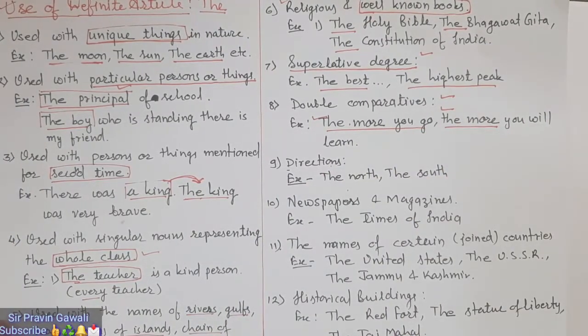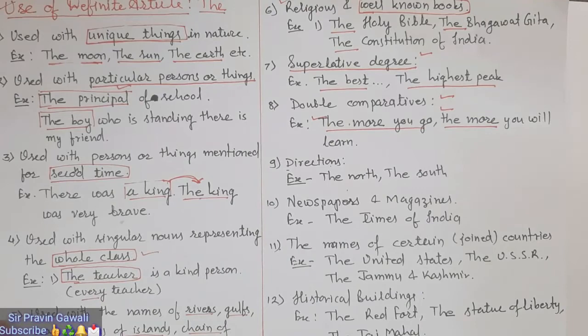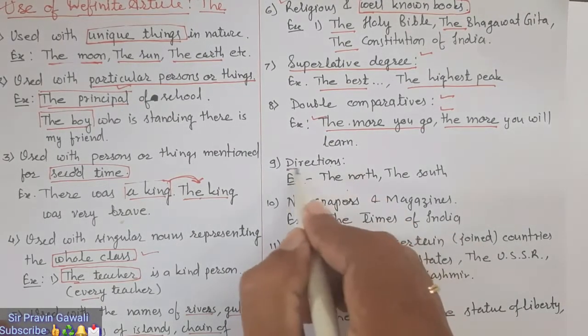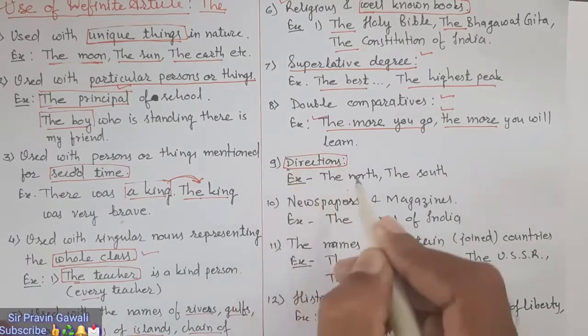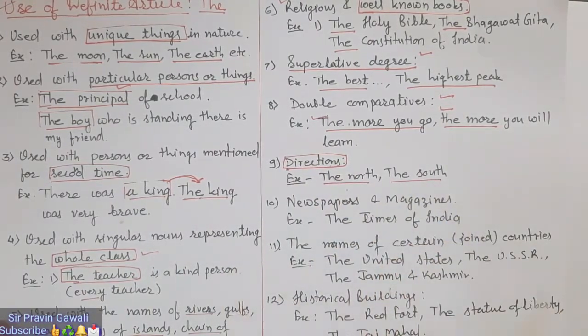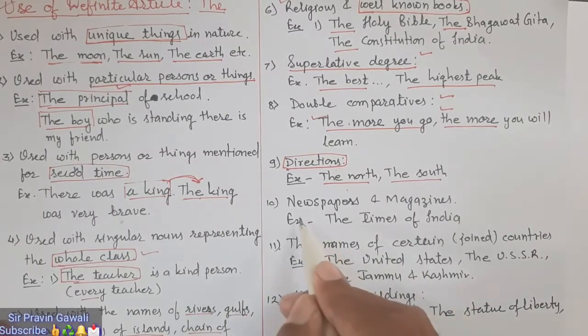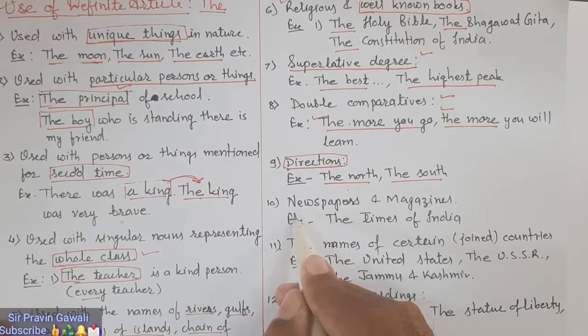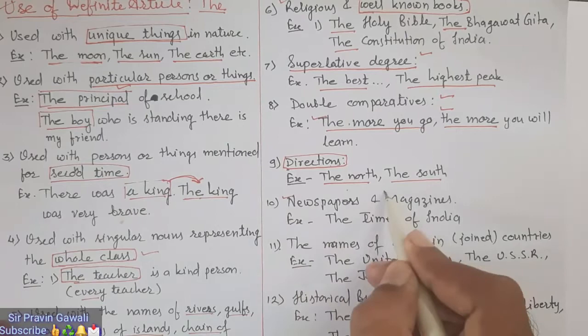Now, one more important thing, you should note that it can be used with directions. For example, the north, the south, the east, etc. It can be used with the names of newspapers and magazines.